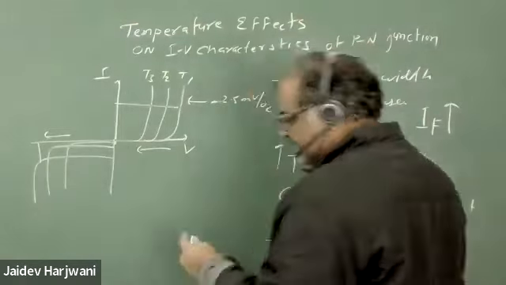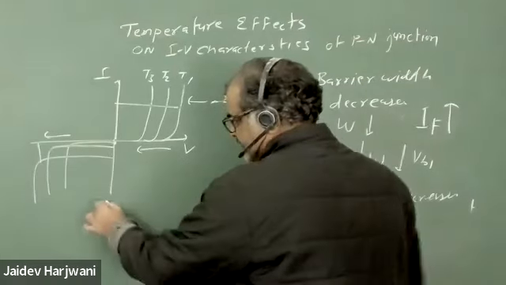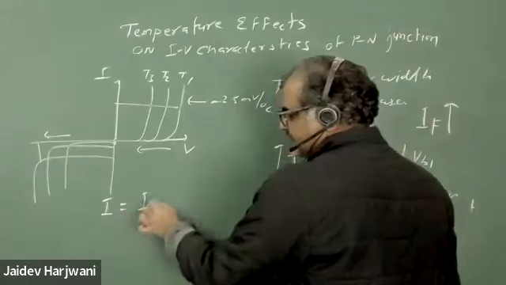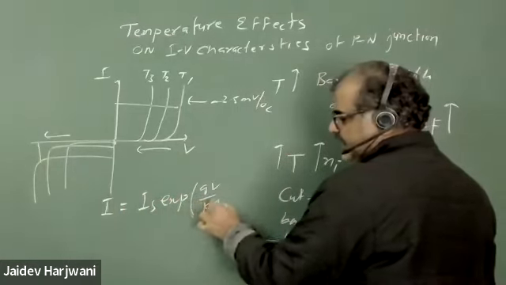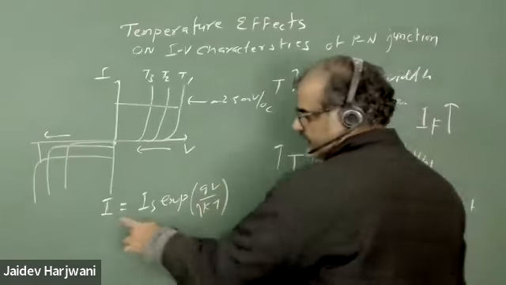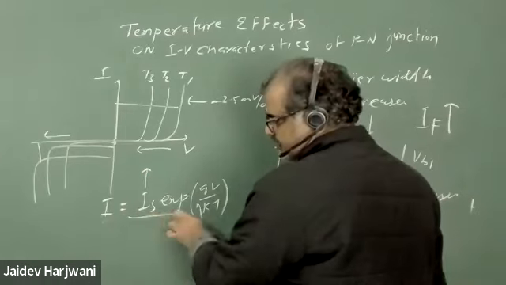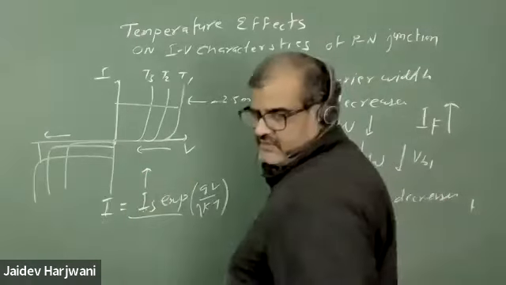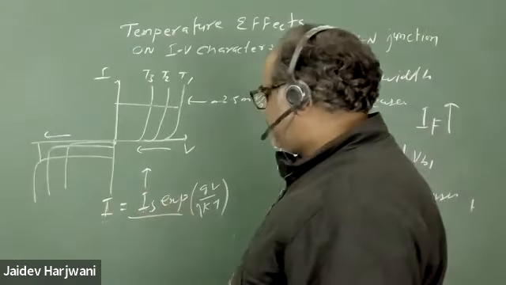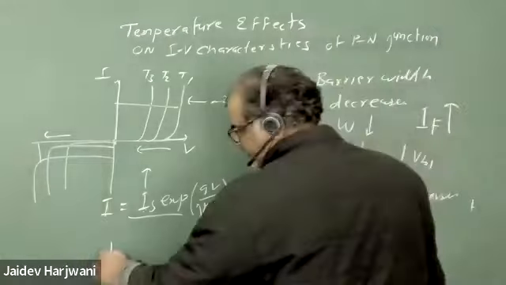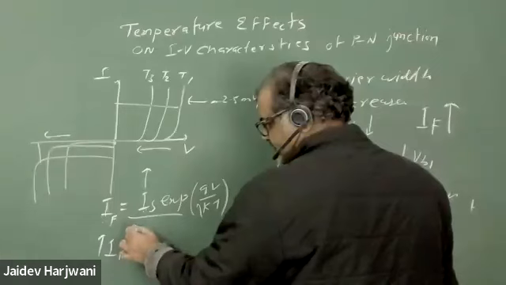You can see it by the expression also: my forward current I is exponential of qV upon kT. When you are increasing temperature, I should also increase, because I also depends on reverse saturation current in the formula. So this forward current increases with increase in temperature.